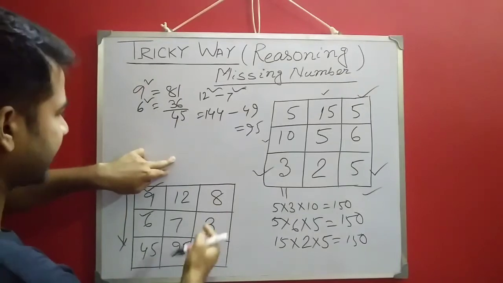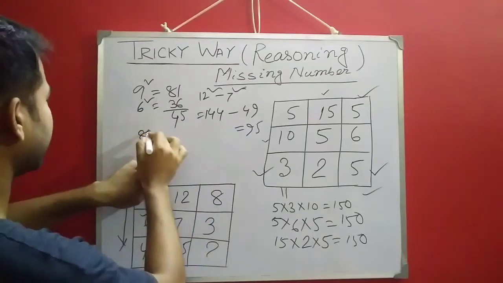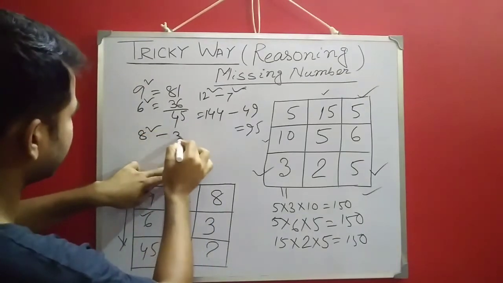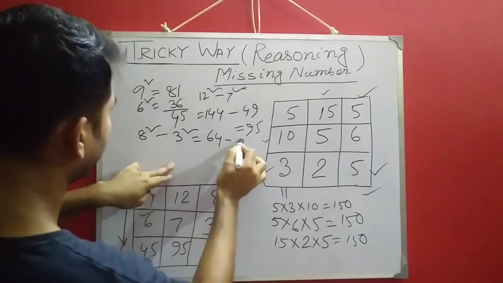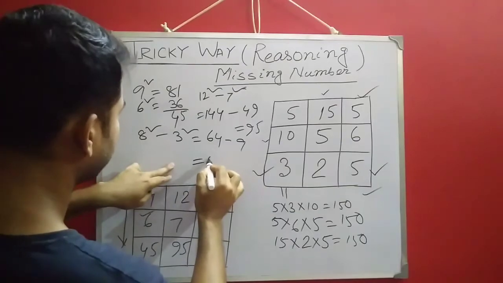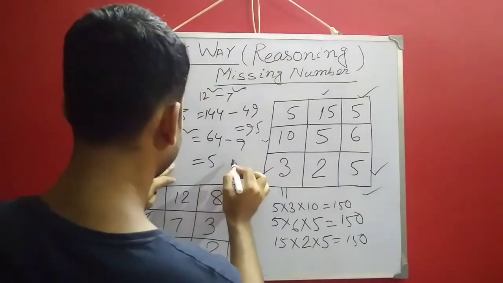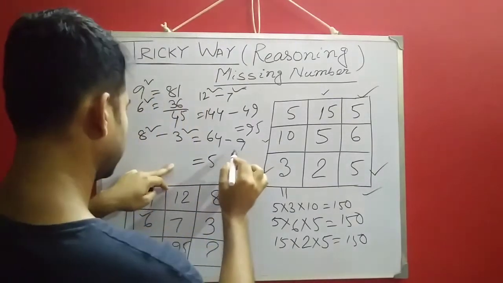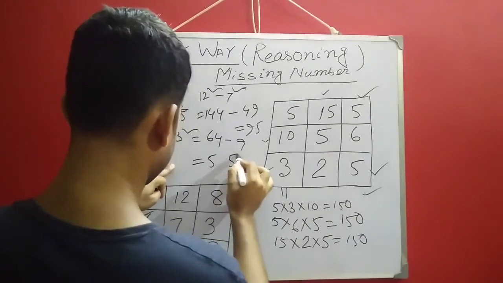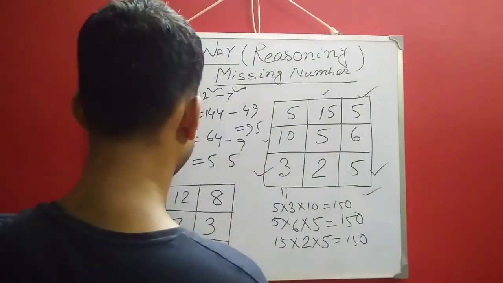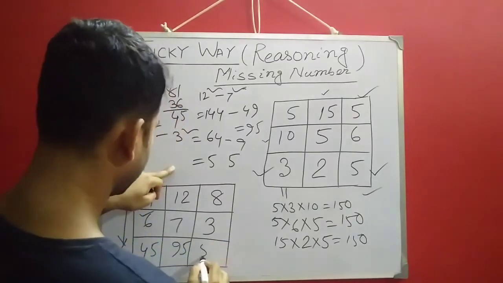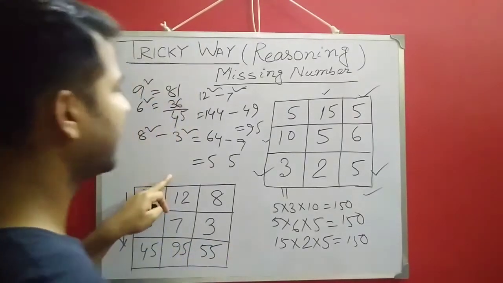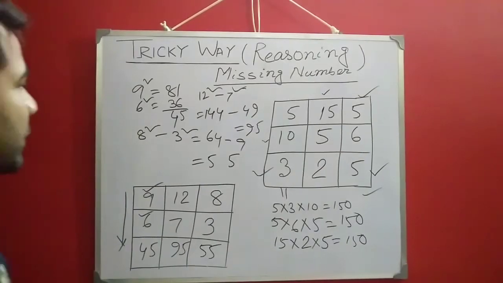For this case, 8 square minus 3 square means 64 minus 9, which is 55. So 55 will be here. Is it clear?